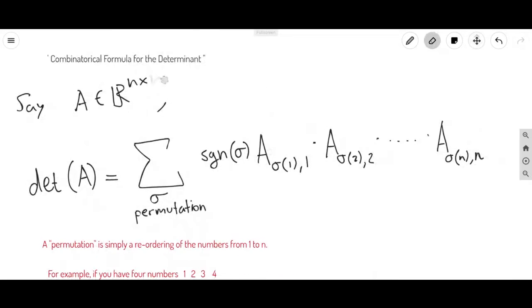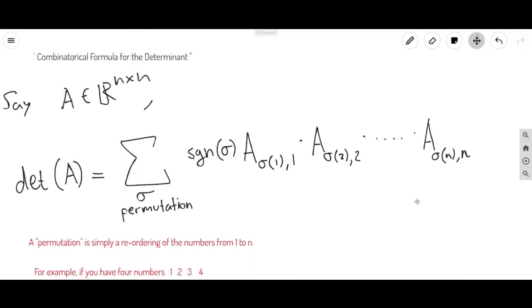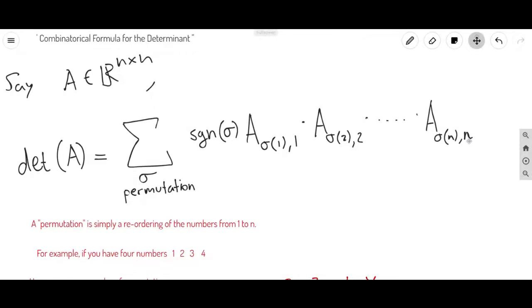And I call this the combinatorial formula because the word combinatorics means looking at all possible combinations that you can take to multiply out the numbers. Now, the problem with this formula is, in general, there's too many combinations.